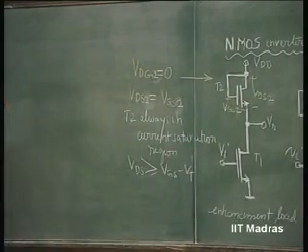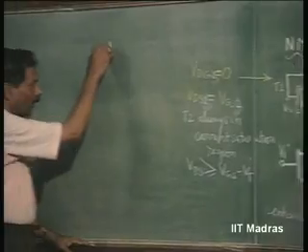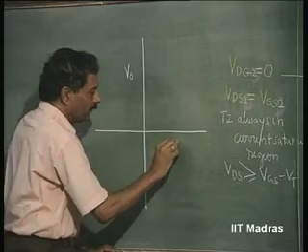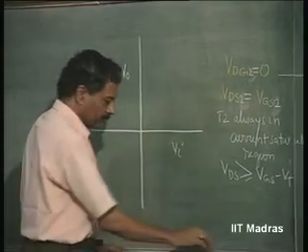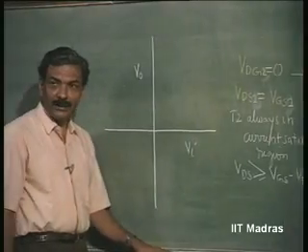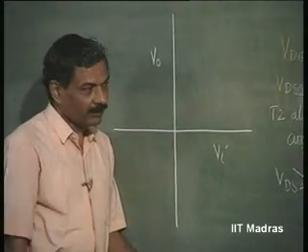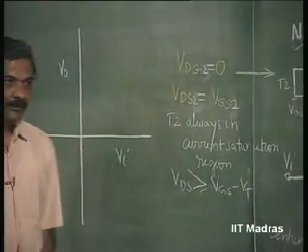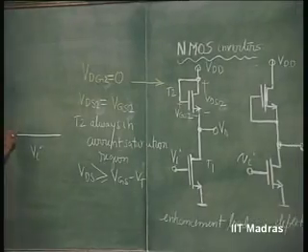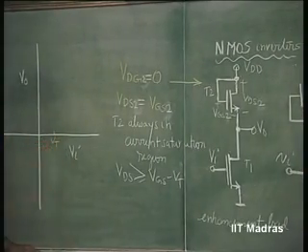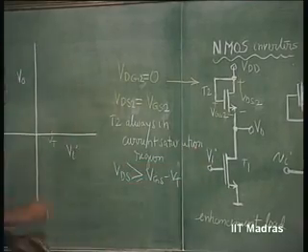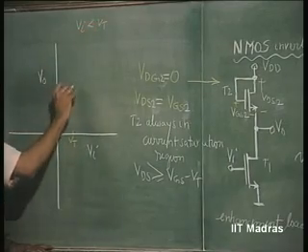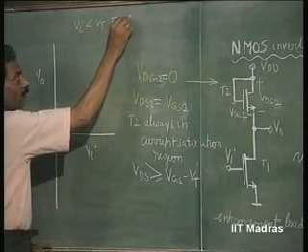In such a situation, let us try to plot V naught as a function of Vi. This is what we had done in almost all the inverters earlier also. Now, in this situation, what happens? When Vi is less than Vt, let us say this is Vt, this transistor is off. So, when Vi is less than Vt, T1 is off.